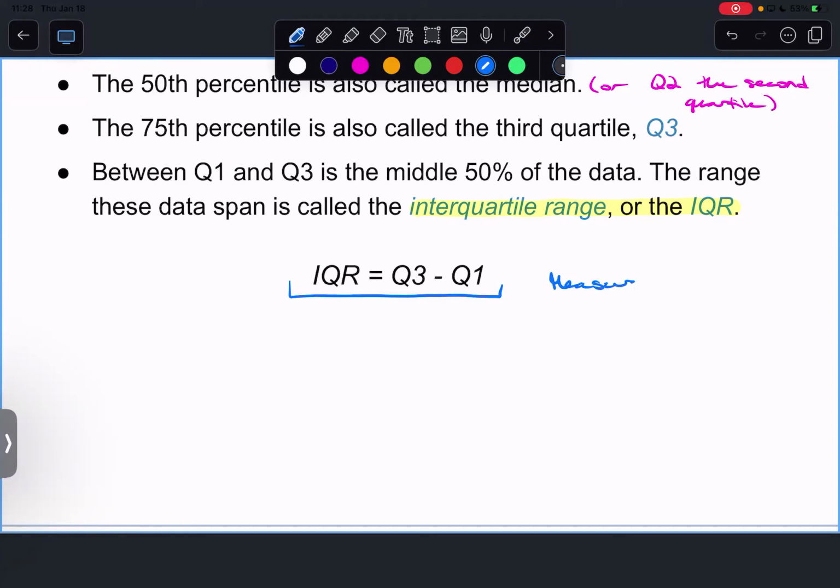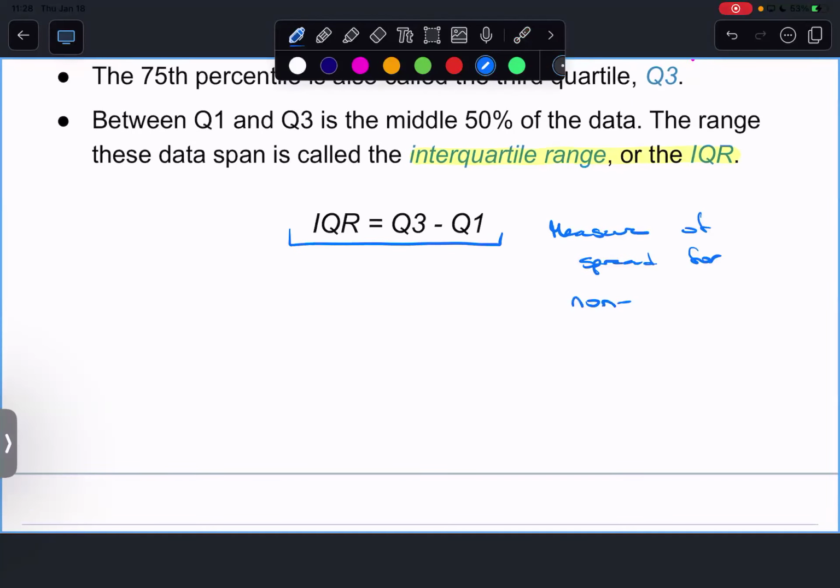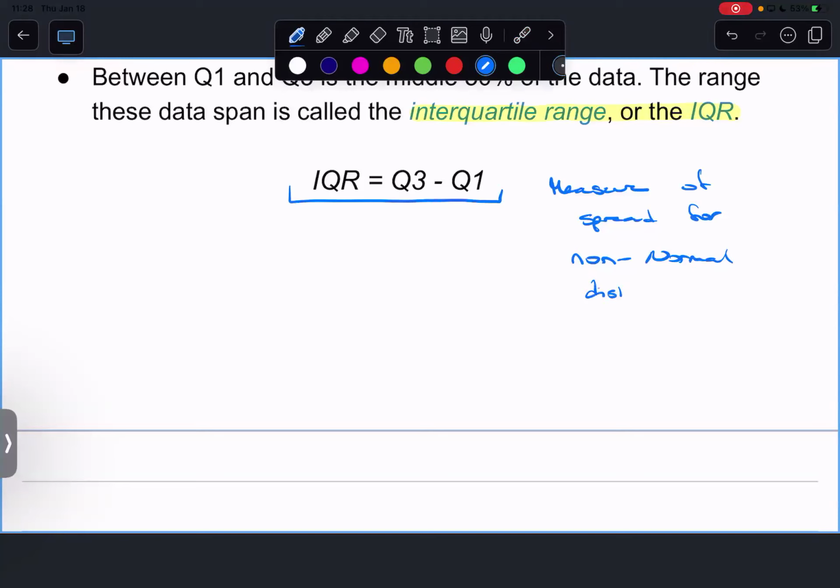This is going to be our measure of spread for non-normal distributions. So we use the median as the center and the interquartile range as the spread.